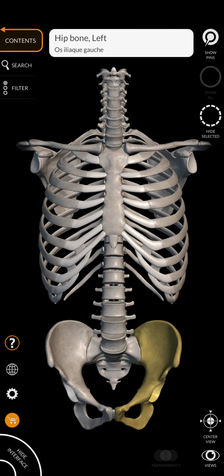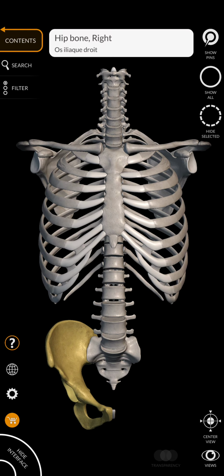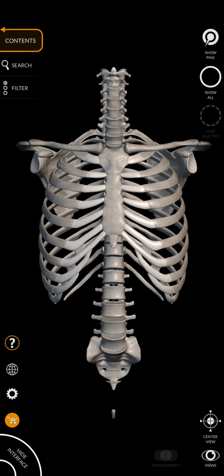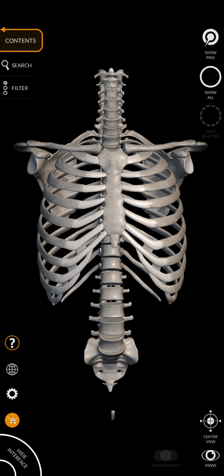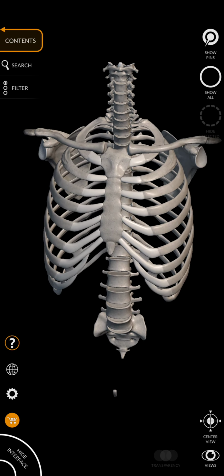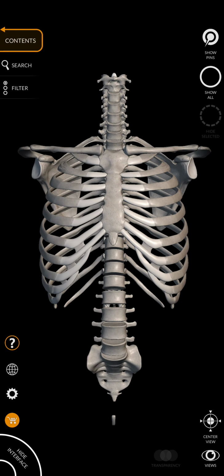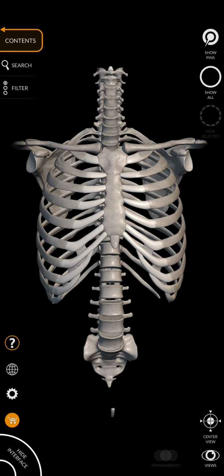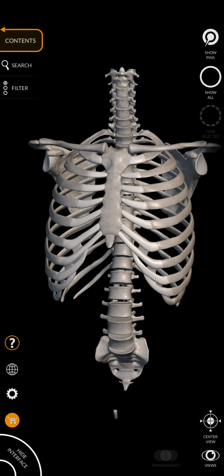And well, the hip bones are not part of the axial skeleton, so I'm gonna hide them. And so we have the spine, the thoracic cage, the skull, and we also have a little bone that is not represented in here, which is the hyoid bone. It's a very small bone. So this is the axial skeleton.